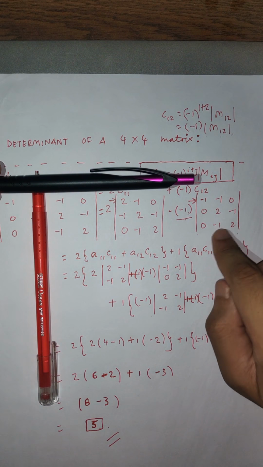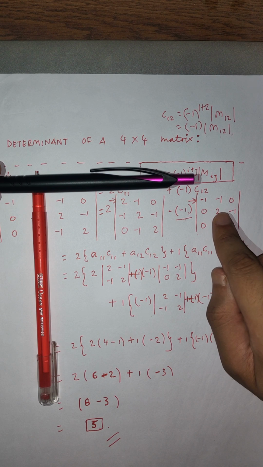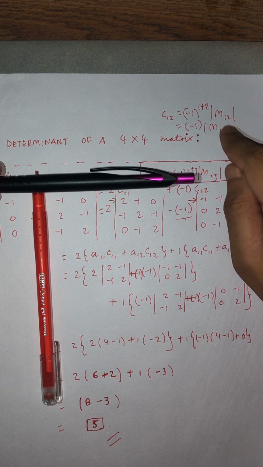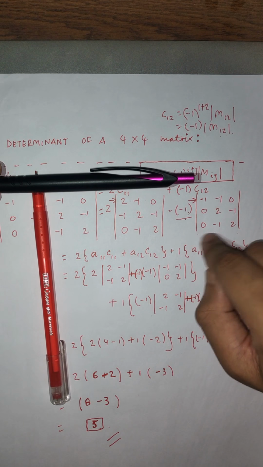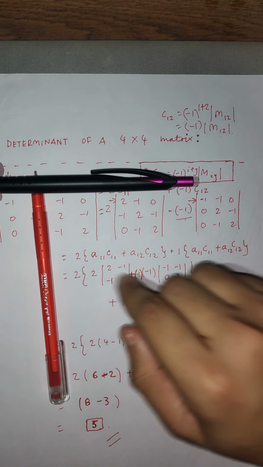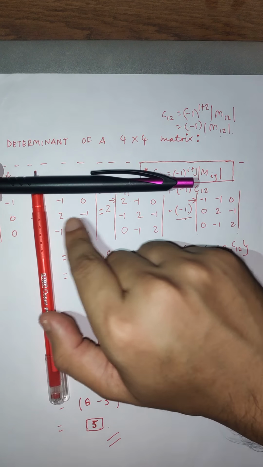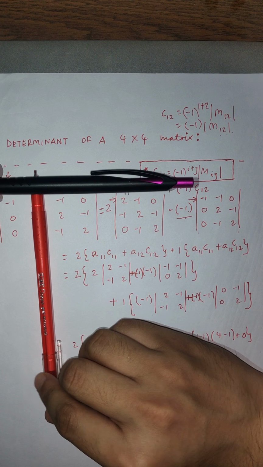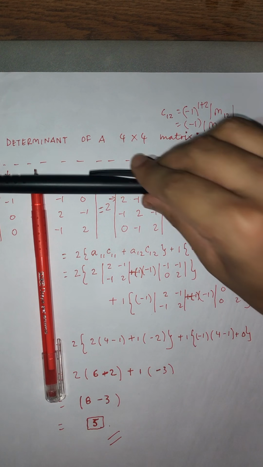We put that right here. So the determinant of the submatrix is the determinant of what shows up right here.